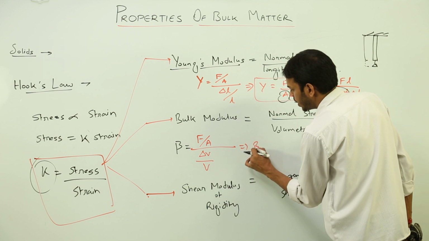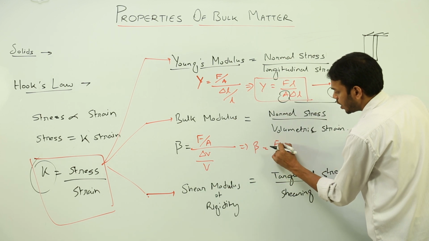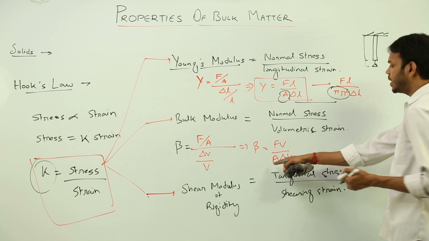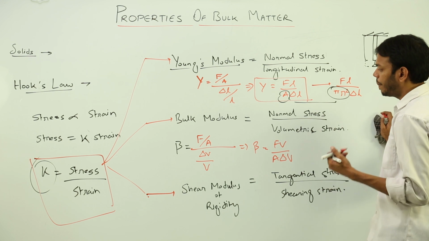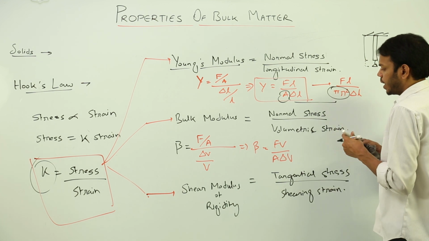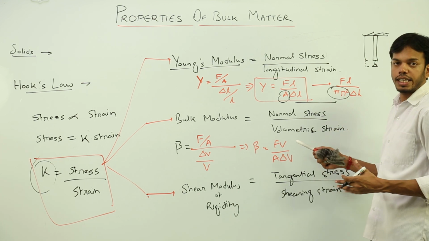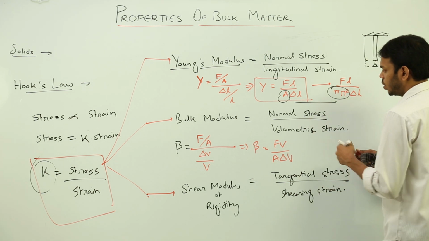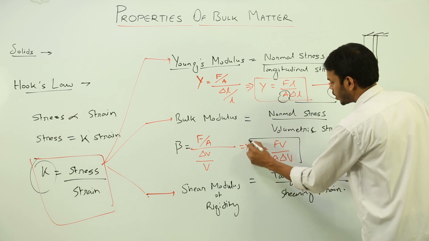So this comes out to be FV over A delta V, right? Sometimes again instead of A you will write pi r square. Here even V is written as pi r cube or 4 by 3 pi r cube, according to the shape of the body. So this is the whole formula for this.